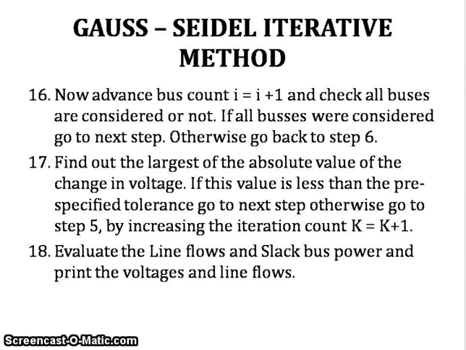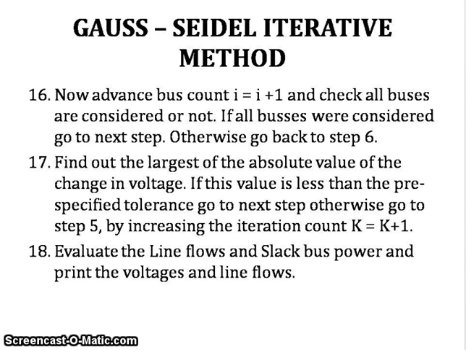So using this general formula, we can compute the value of V, and in every iteration we are finding delta V. Here PD and QD are known, and we need to allocate PGi, QGi to all generator buses except the slack bus.